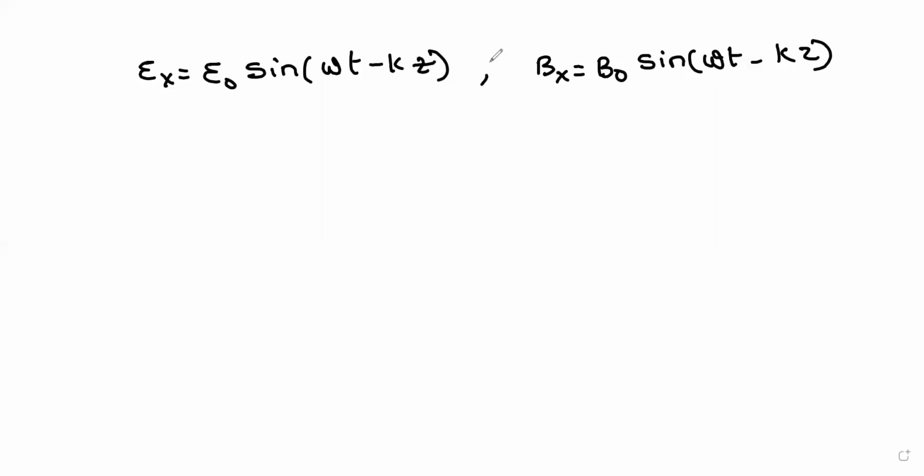So in these two equations, this can be written as Ex is equal to E naught sine 2 pi f t minus kz.